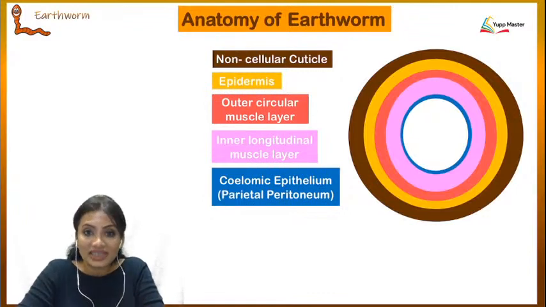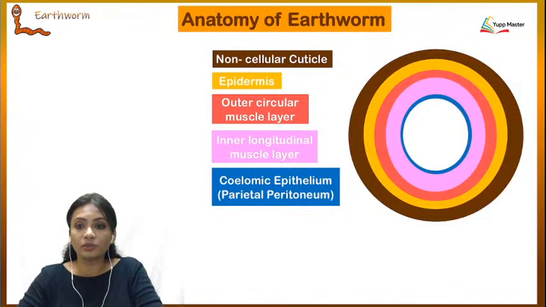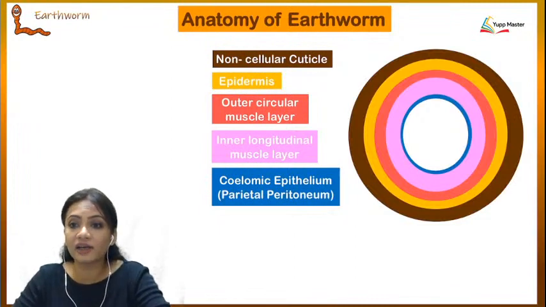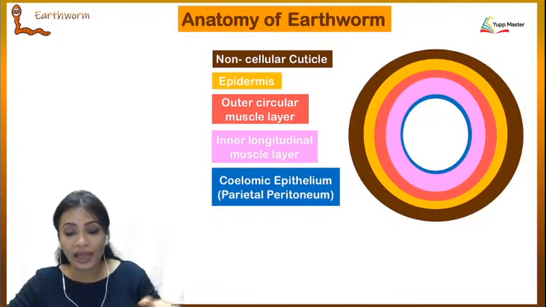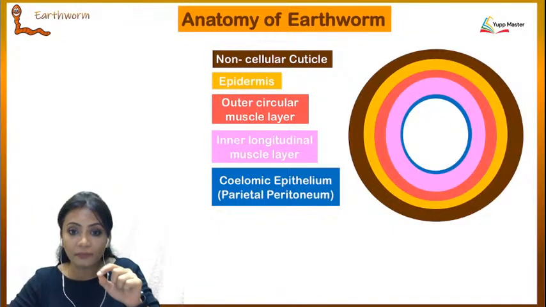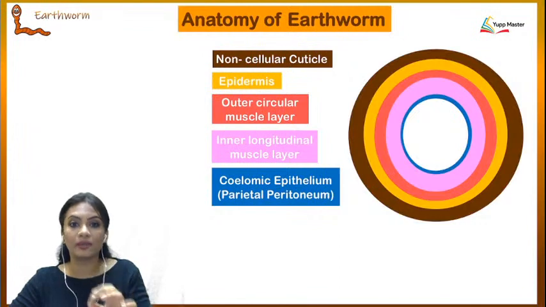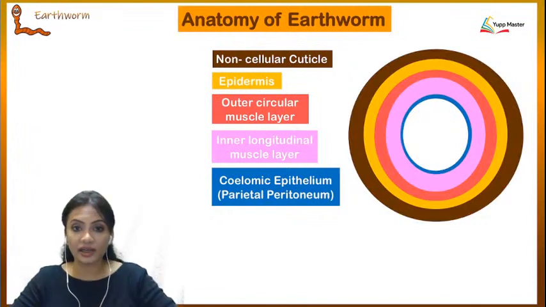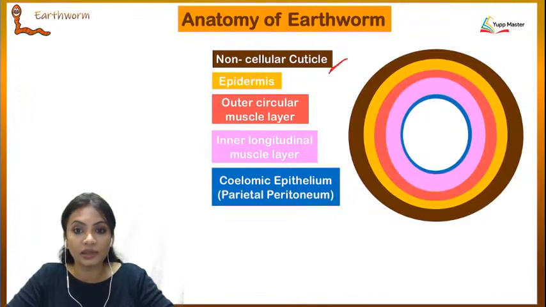Now this is the layer which is actually covering the coelom part. That is the epithelium covering the coelom, and that is called the coelomic epithelium. So which layers did we speak about here? First, a non-cellular cuticle. Second, an epidermis.